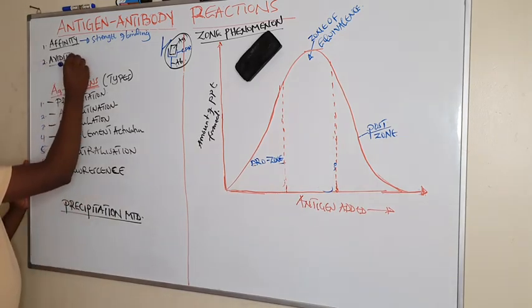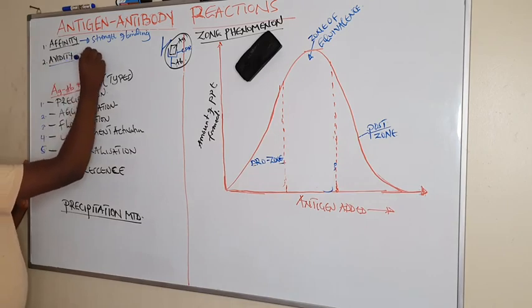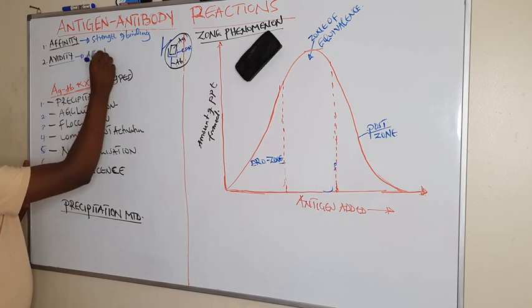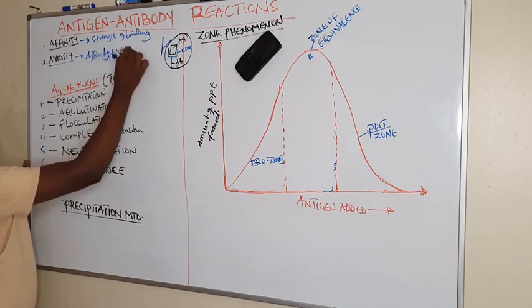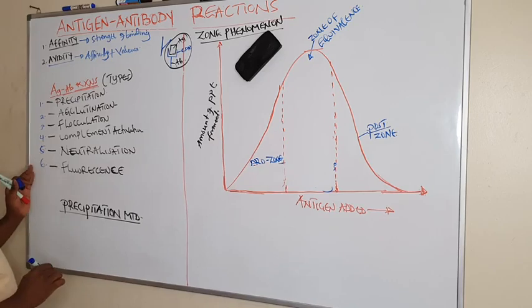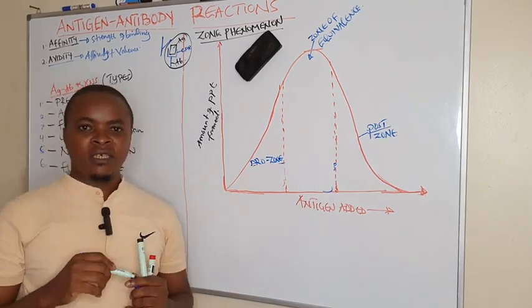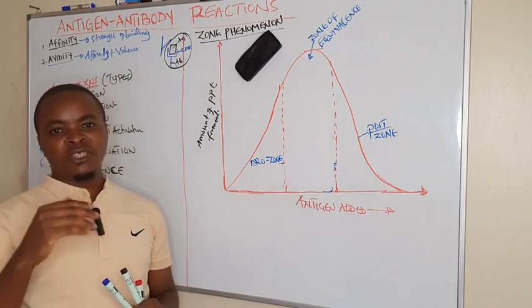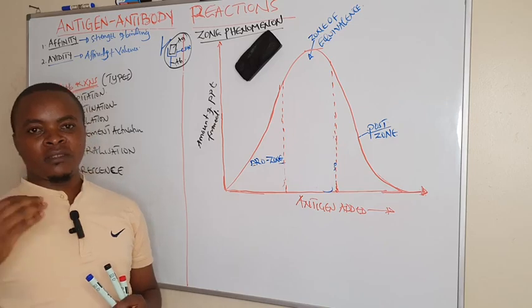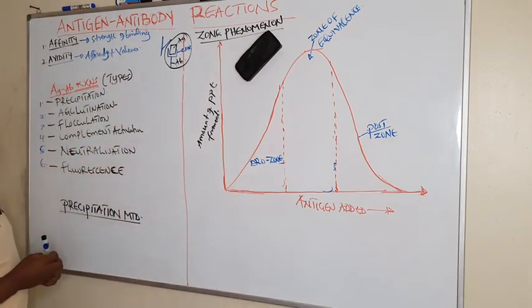Whereas avidity, in summary, is affinity plus valence. Because in the previous video we have seen antigens have different epitopes. They can have one, which is monovalent, two, divalent, and more than two, multivalent.